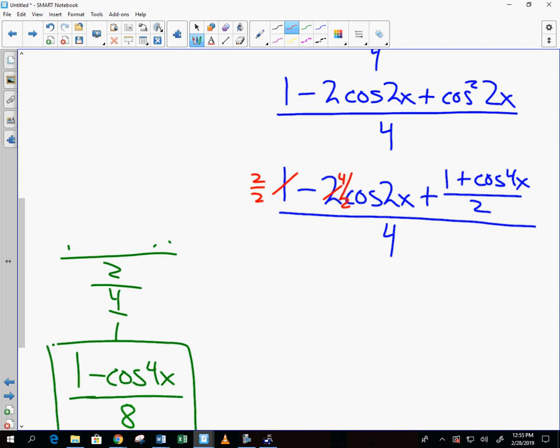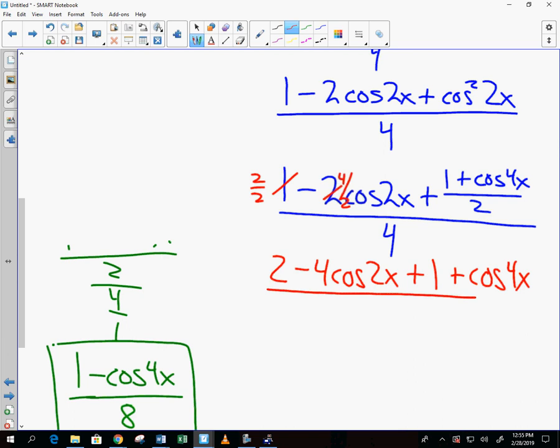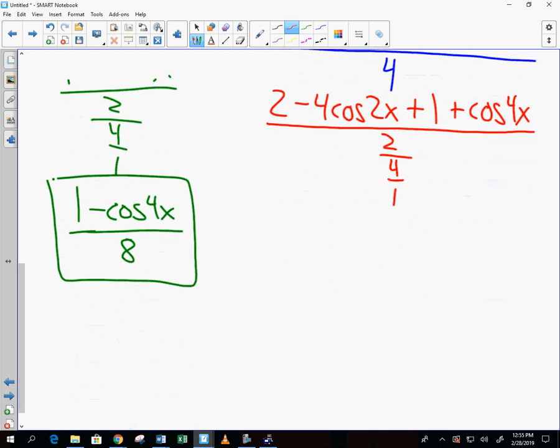So it looks like I have 2 minus 4 cosine of 2x plus 1 plus cosine of 4x over what? 2 over 4 over 1. Can I combine any like terms?